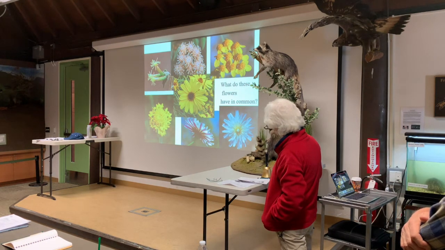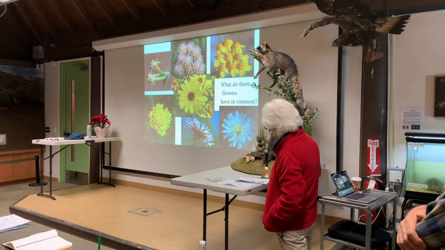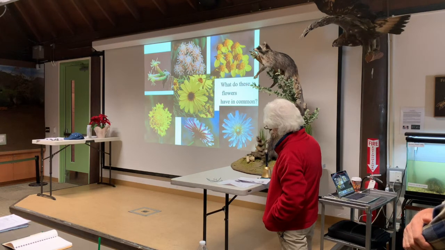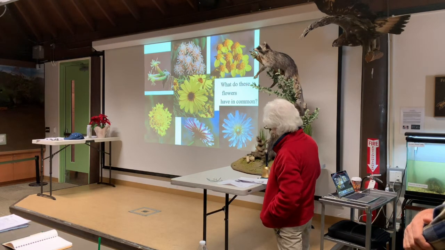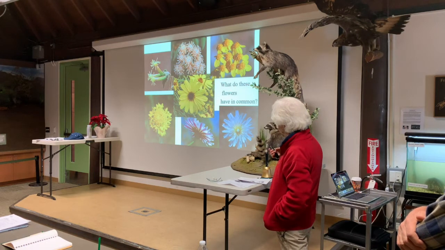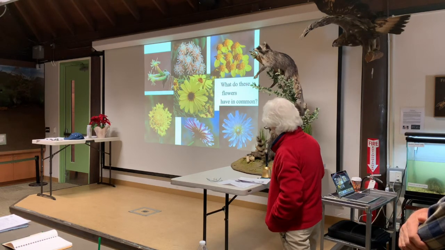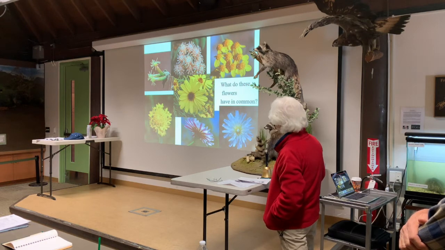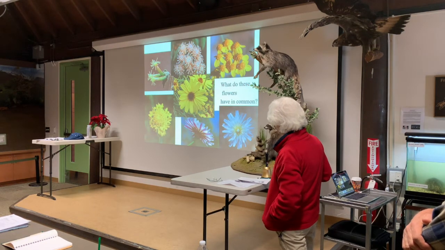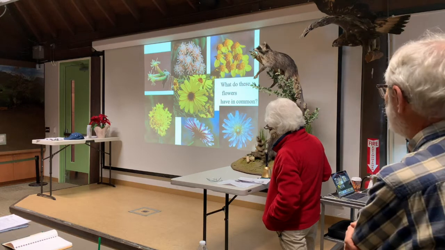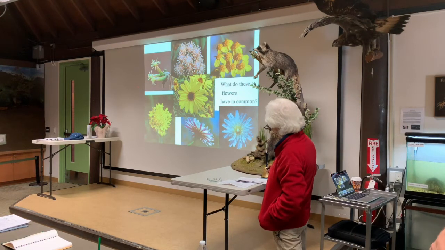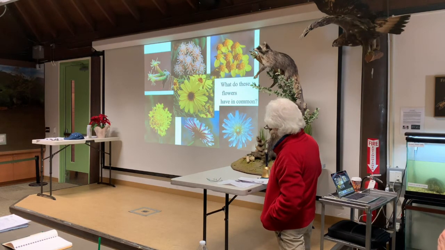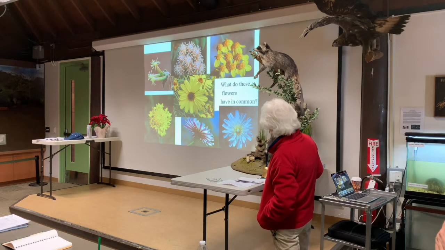That's a sunflower. It has ray flowers, and in the middle, disc flowers. But then there are also sunflowers that don't have both ray flowers and disc flowers. Like these only have ray flowers, these only have disc flowers.